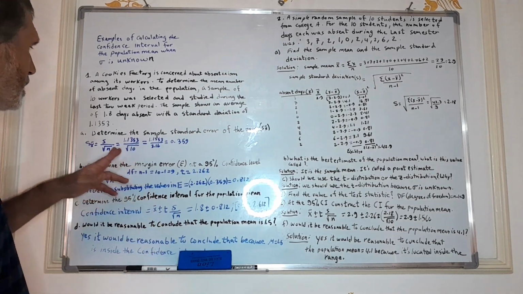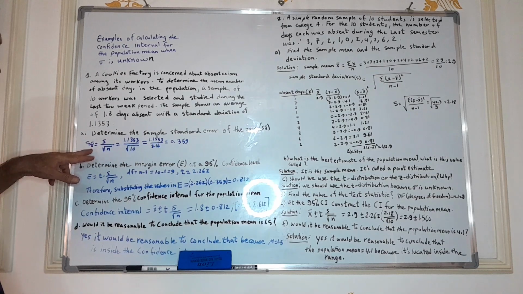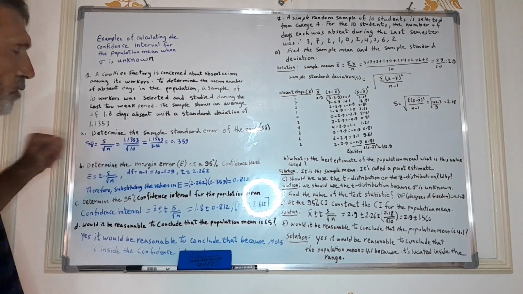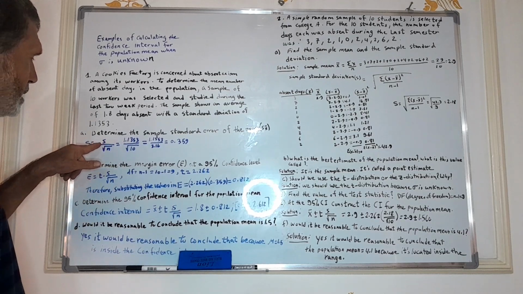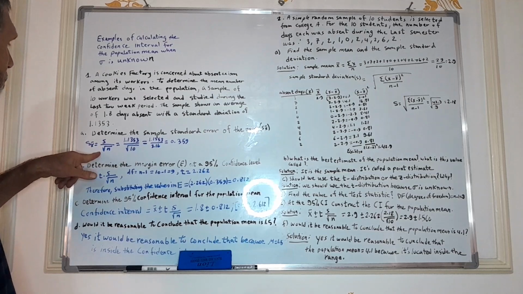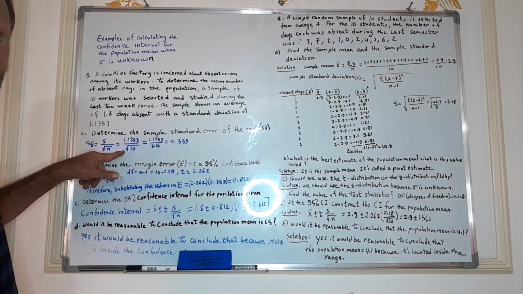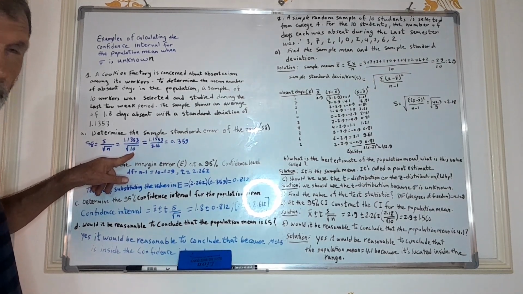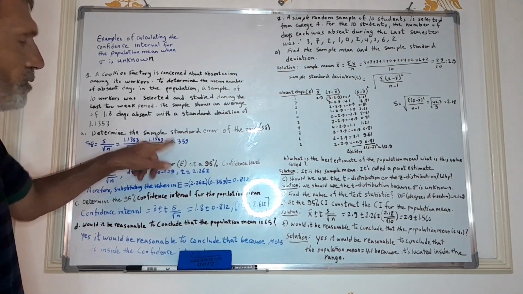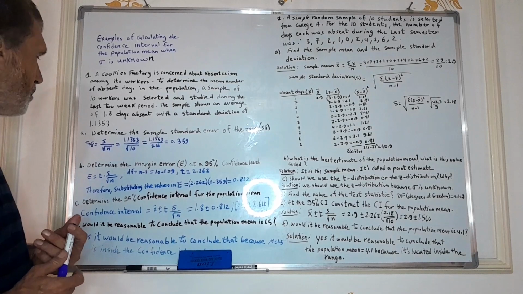Here, the sample standard error of the mean is s sub x bar, which is equal to s over radical n, where s is the standard deviation of the sample. We have it here, 1.1353. We divide that by the radical of the sample size, n, and we come up with 0.359. So this is the sample standard error of the mean.